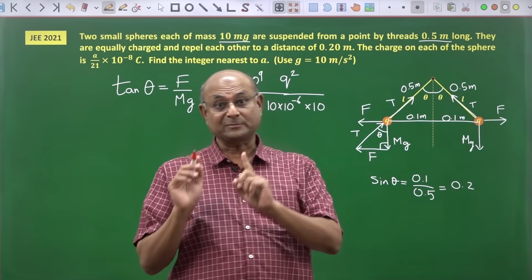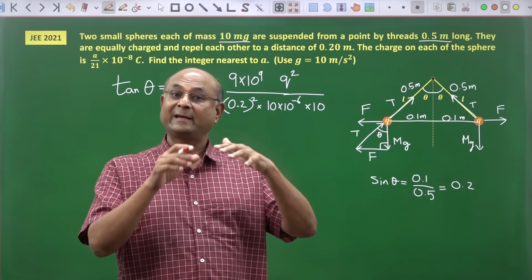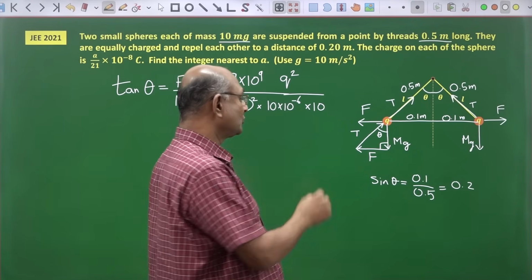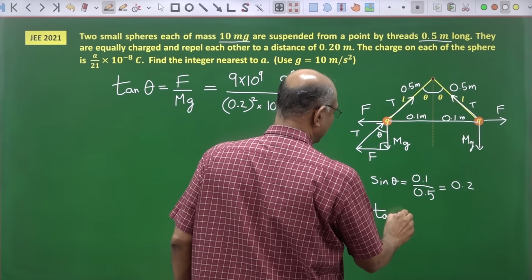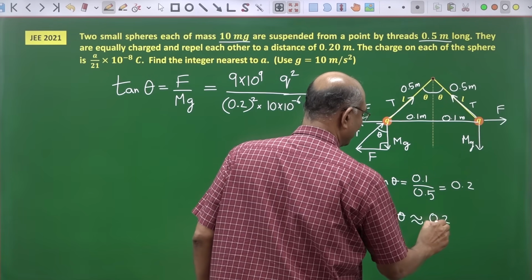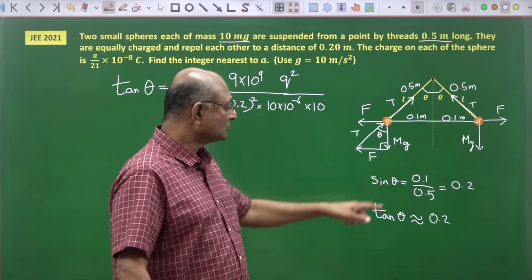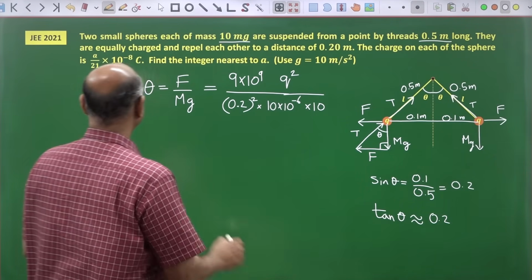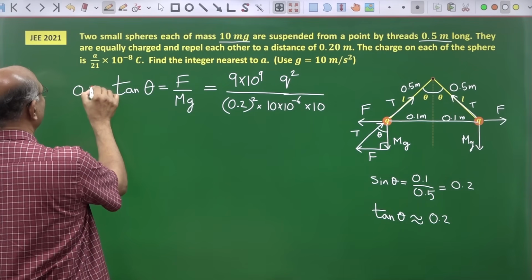So that means theta is small, and if theta is small, sine theta is approximately theta, and tan theta is approximately theta. So we can say that tan theta is approximately 0.2. Why? Because tan theta is approximately the same as sine theta. So I'm going to say this tan theta is 0.2.